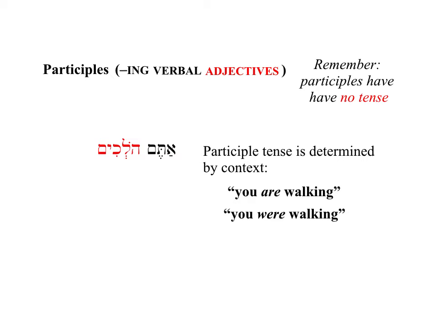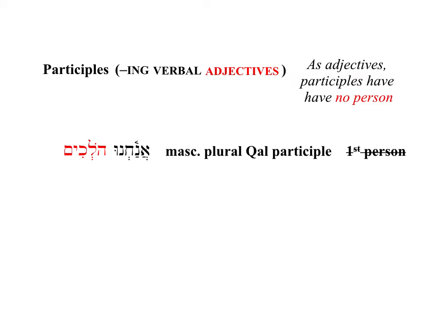Notice also that adjectives have no person. So when we identify a verb, we usually identify the verb stem, the call. We indicate what type of verb it is, for example, a call perfect, and then we indicate that it's a third masculine singular or whatever. Well, we still have gender and number, but you don't have person.